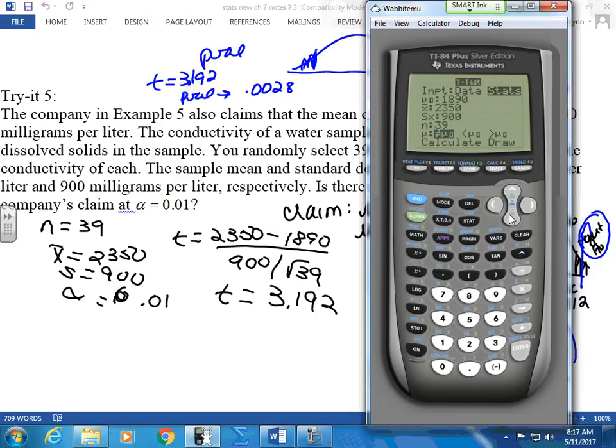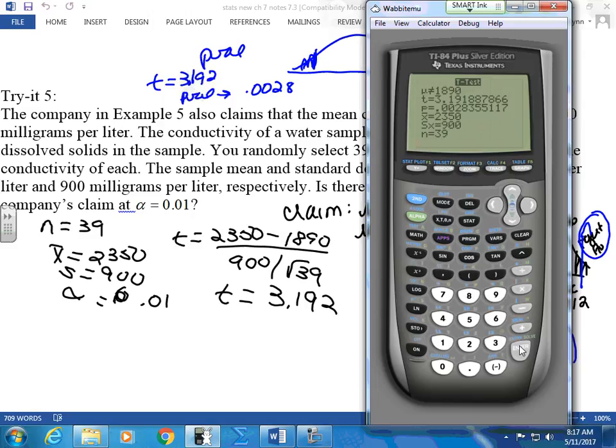If your HA is less than, take the less than sign. If your HA is greater than, take the greater than sign. In this case, the HA is not equal. We keep the not equal sign, and you calculate. So you'll get your t-score, your test statistic, and you'll get your p-val. And again, it repeats your parts to it.